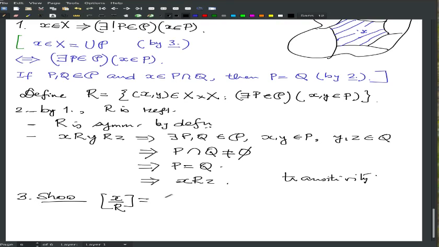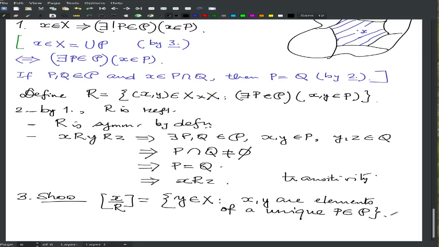This is precisely the set of all y such that x and y are elements of a unique P. Okay?